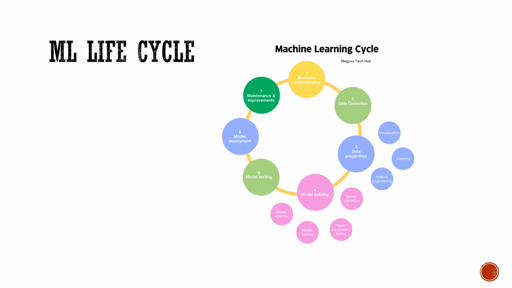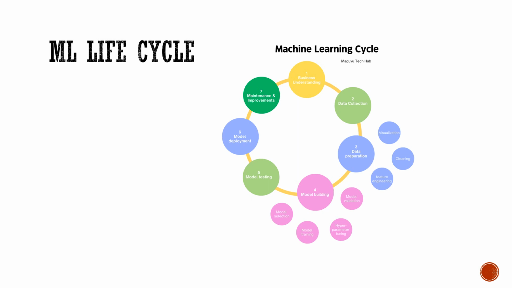Once we have deployed the model, we do not end there. We then go into stage number 7, which makes it a life cycle, the maintenance and improvement stage.